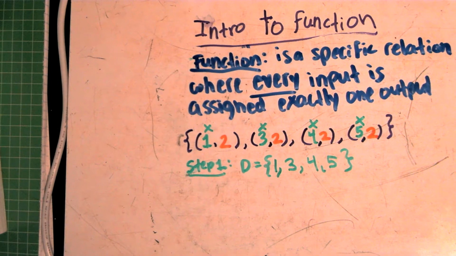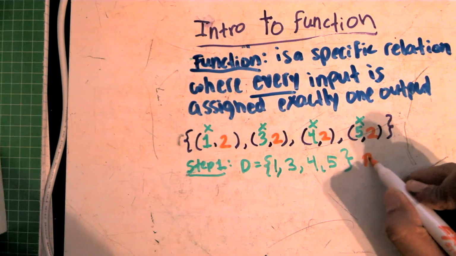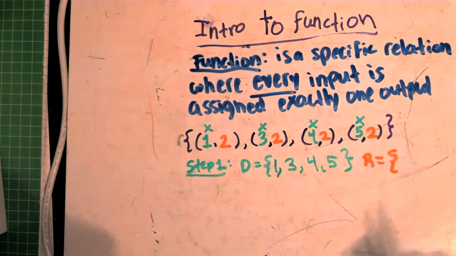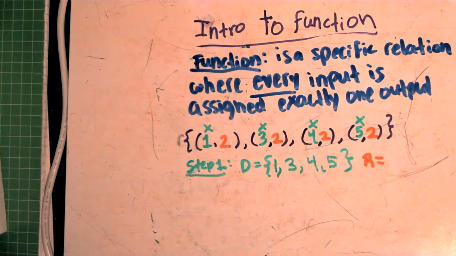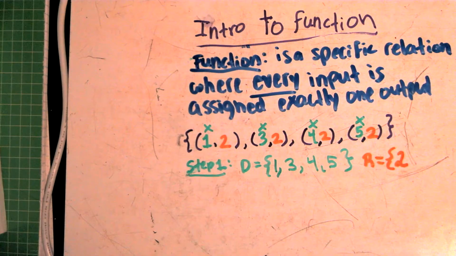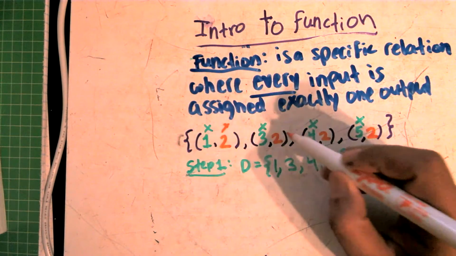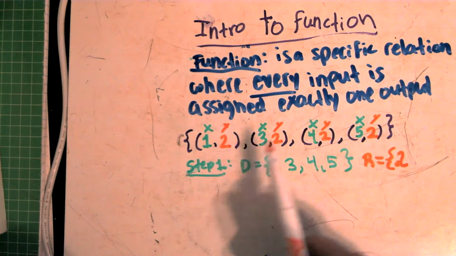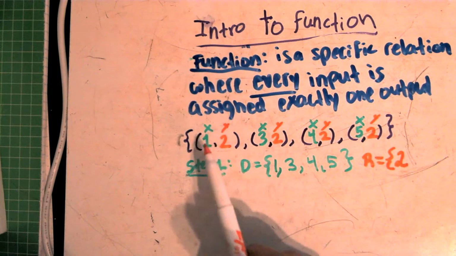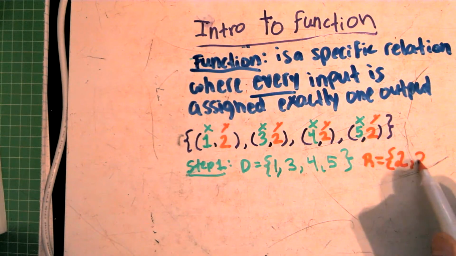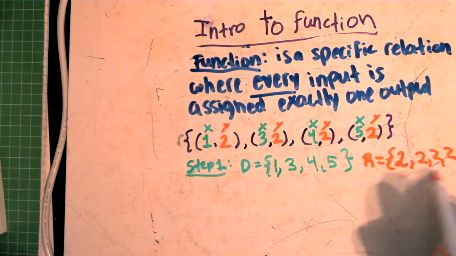I'm going to list out now all the values in the set of my range. That should be a better set notation, sorry. Okay. The 2 is the only value being used in my range. Now, notice that this particular 2 is assigned multiple times for different input values, but I'm not going to repeat it because they're all the same number.